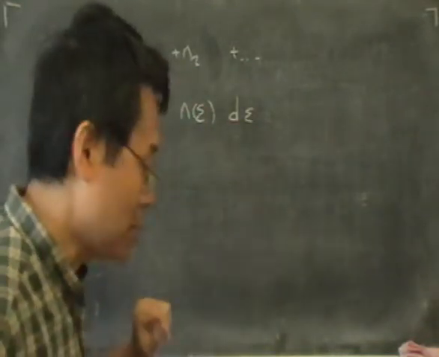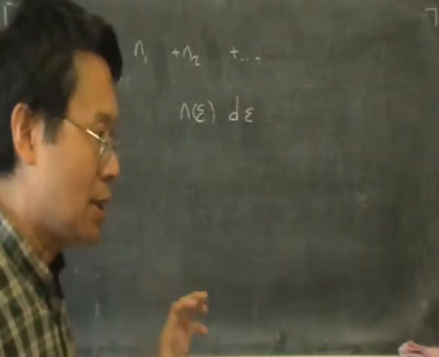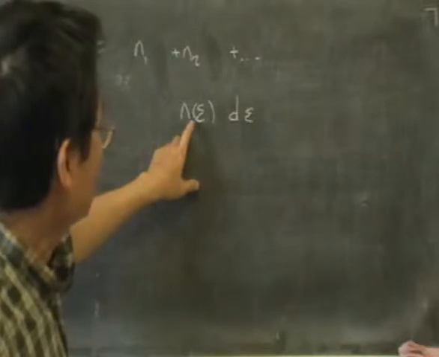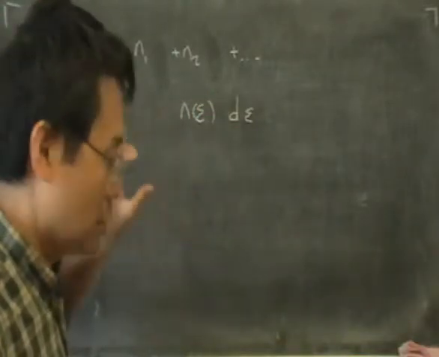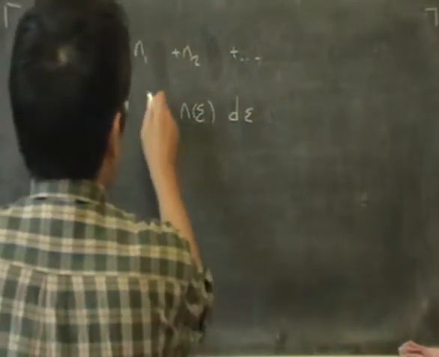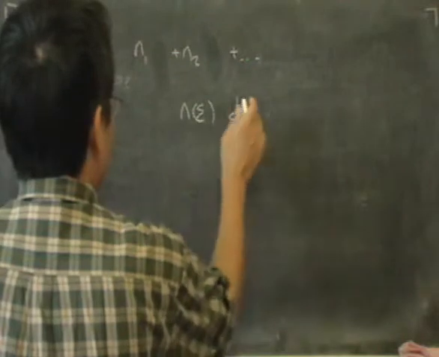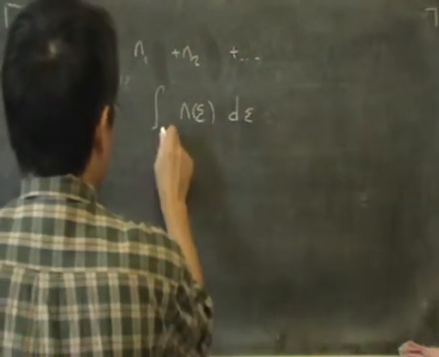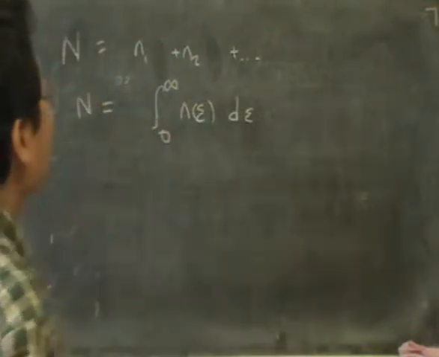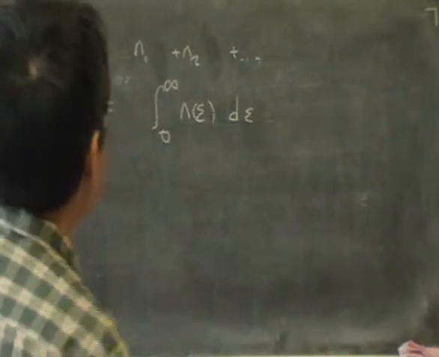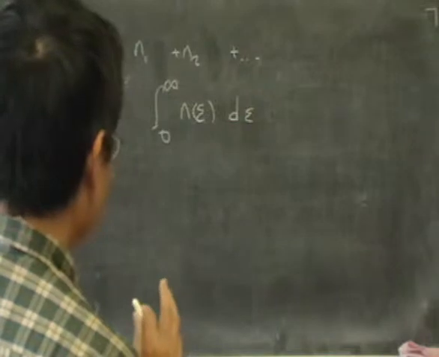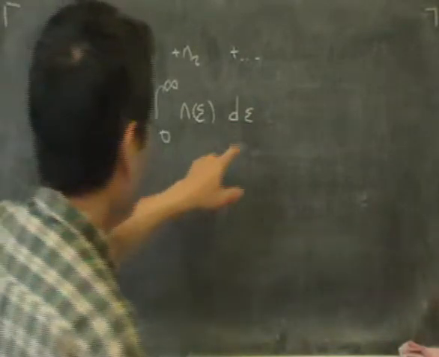It doesn't mean the number density as in the number of particles per unit volume in real space, but the number density per unit energy, or the number distribution in energy. So this is for a particular interval, and if I sum over all intervals from 0 to infinity, I should get the total number n. So to get this total number, we have to do this integral.